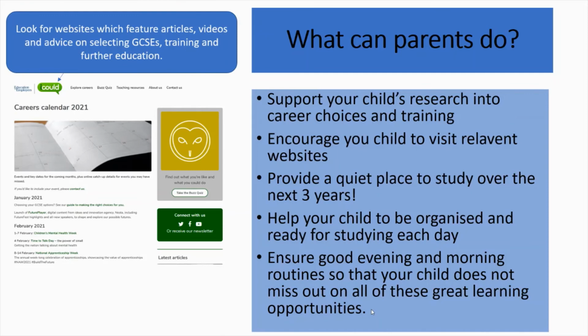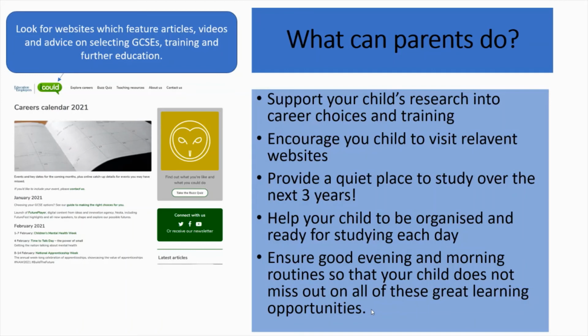So we've got a few things to do between now and then. Please look for websites that feature articles, videos and advice on selecting GCSEs, etc. The I Could website is a good website, for instance, to have a little look at. We were asked last year, what can parents do?